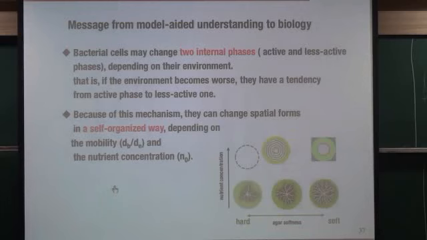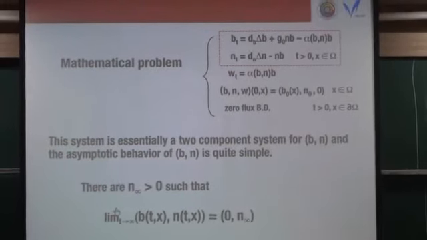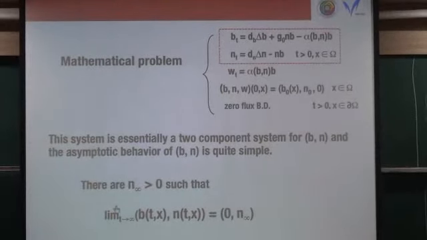Okay. This is very good, but on the other hand, from a mathematical point of view, it's very hard to analyze. So this is our model, and mathematically speaking, our model is essentially a two-component system like this.